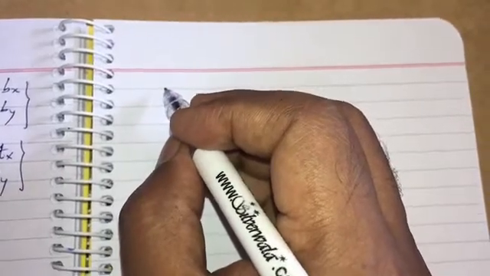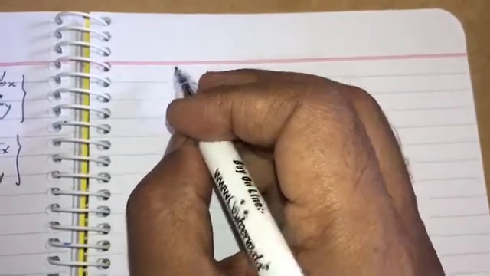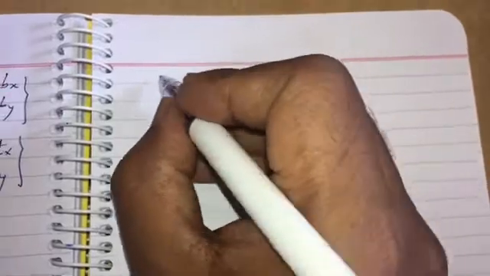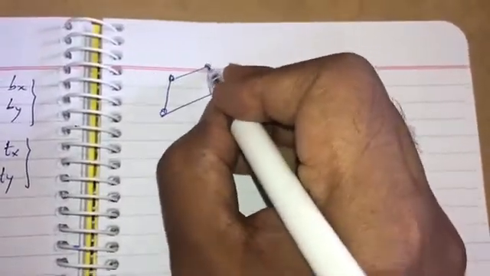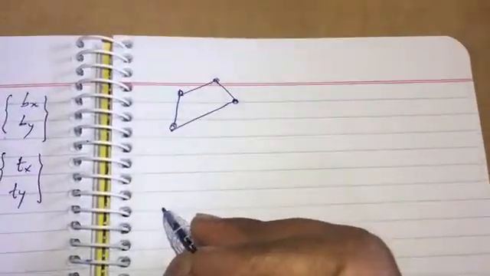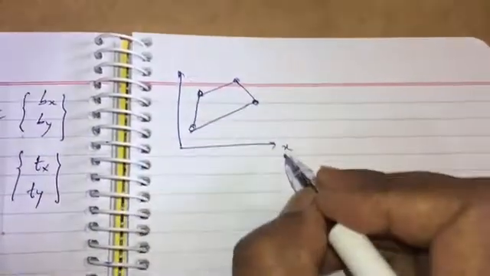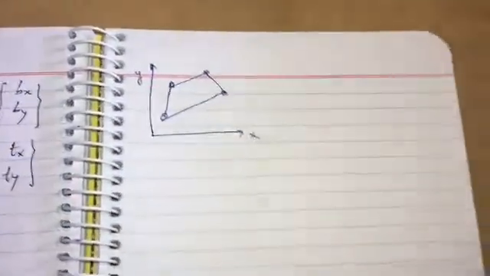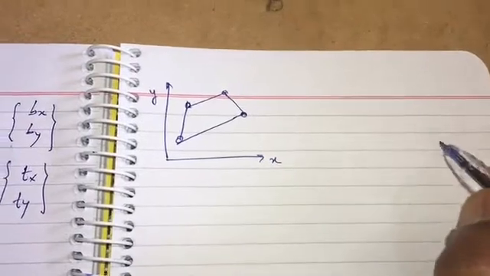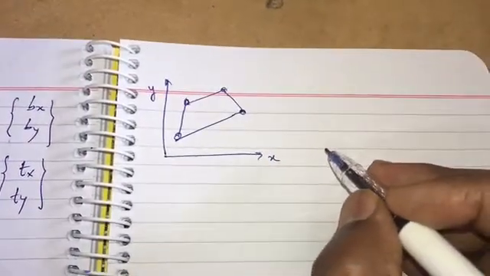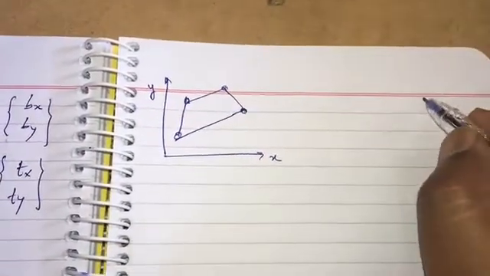Okay. Now, let us say the quadrilateral element is not as simple as the rectangular element that we have solved. If the element could be something like this, okay, and this is an x y system. So, this is x and y here. So, what we can use is the isoparametric element that we have done earlier.